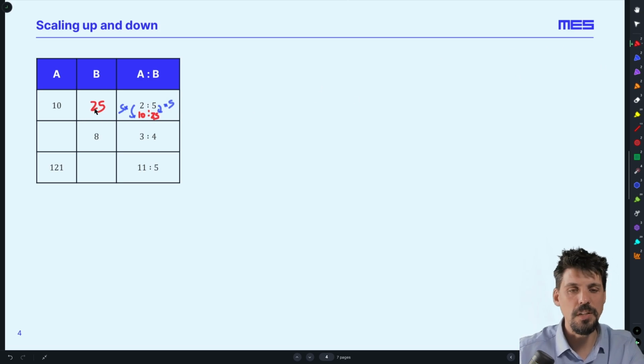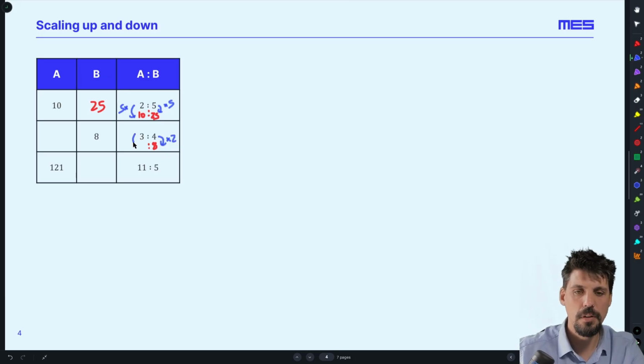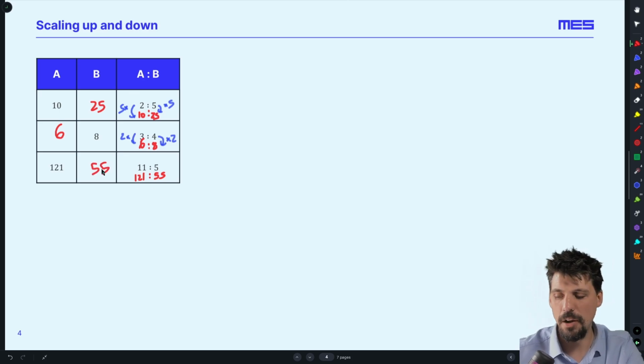So there would be 25 of amount B. If I know how many B's there are, I can multiply by 2, and I multiply this side by 2 to give me 6, which tells me there are 6A. And in the same way, even with bigger numbers, if I multiply both sides by 11, I get that there are 55B.